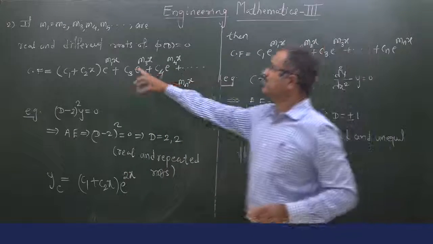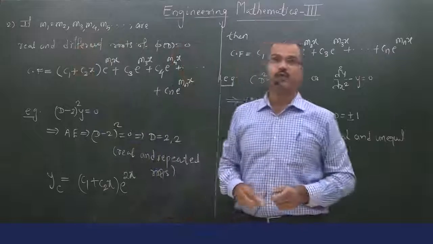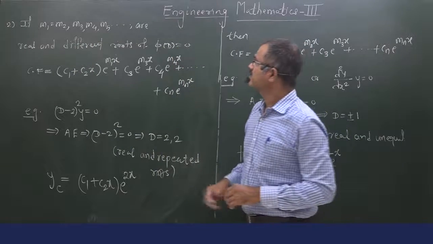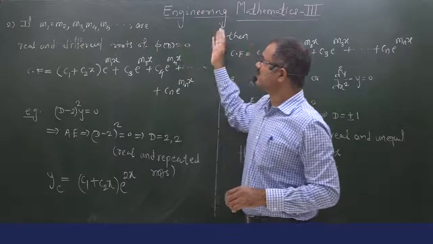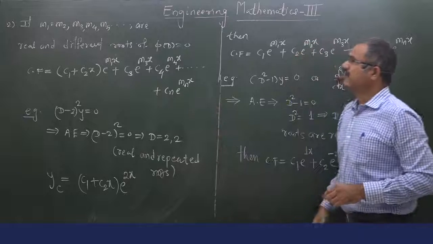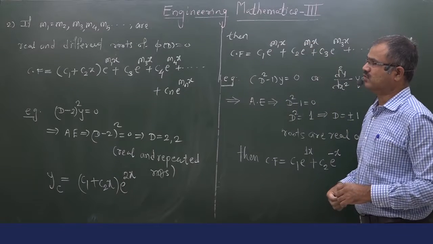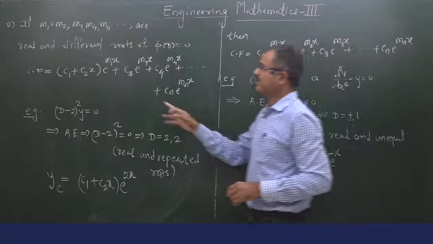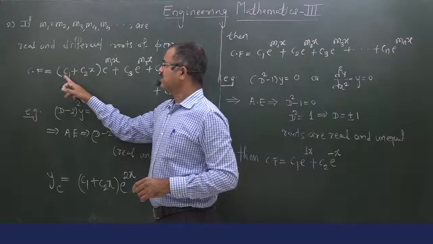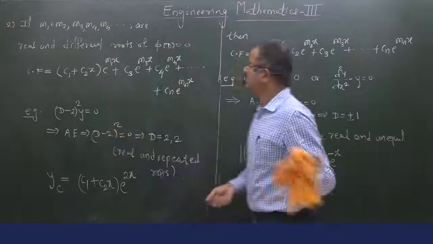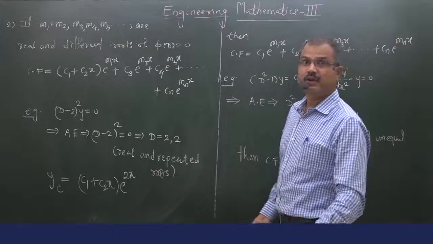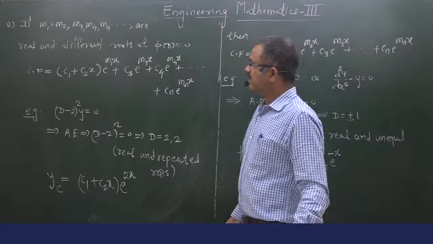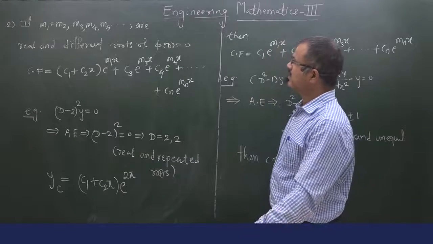If suppose three roots are equal, m1 equal to m2 equal to m3, and m4, m5, m6 and so on mn are real and different roots of phi of D equal to 0, then we can write (c1 plus c2x plus c3 x square) e to the power m1x.